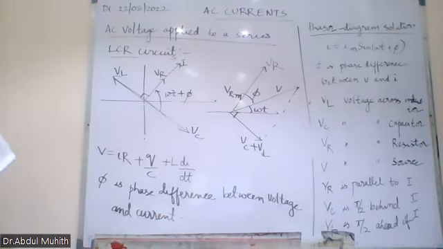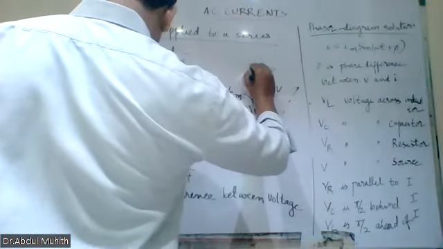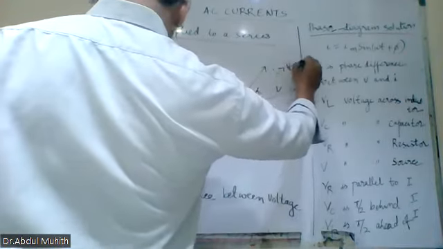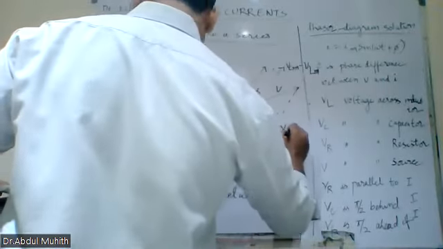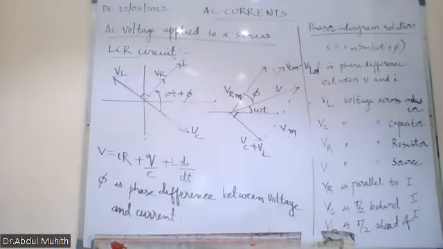So this is known as VC minus VL. This value is VR. This value is known as VCM minus VLM. This is VM. Then that is omega t, and phi is that. Is that clear, all of you?